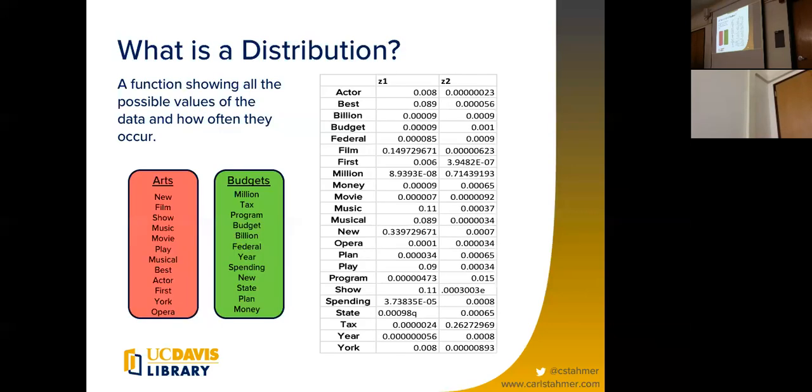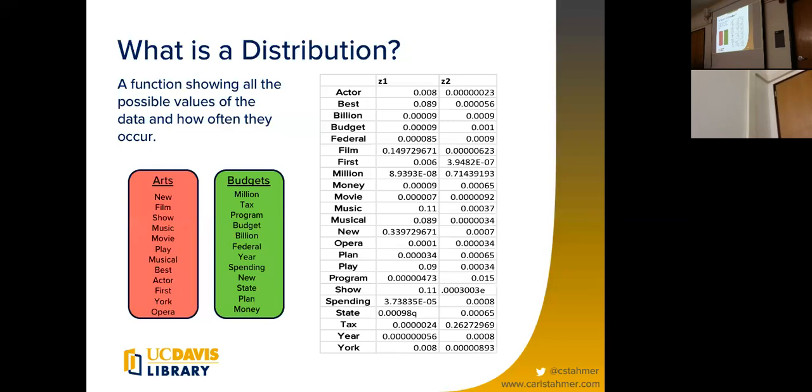So, okay, first I want to take a step back, because not everybody is a linguist, and make sure we're all clear on just what a distribution is. A distribution is, technically speaking, a function showing all the possible values of the data and how often they occur, or with what weighting they occur.